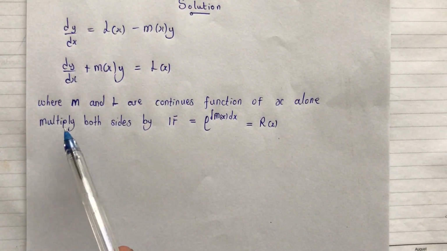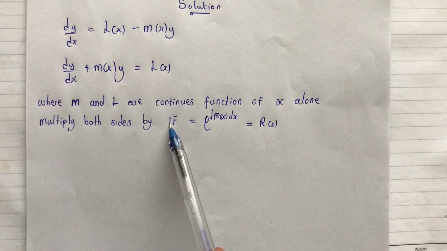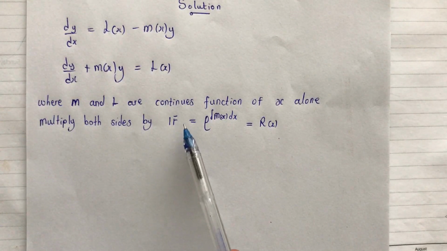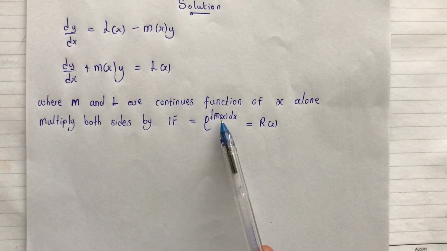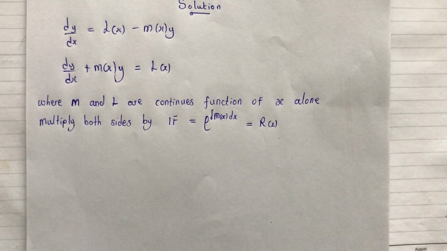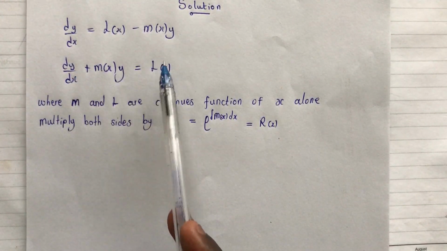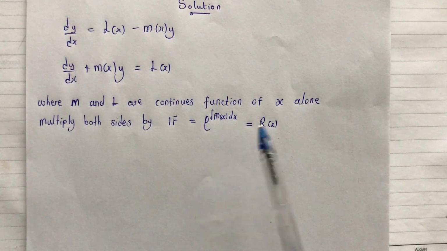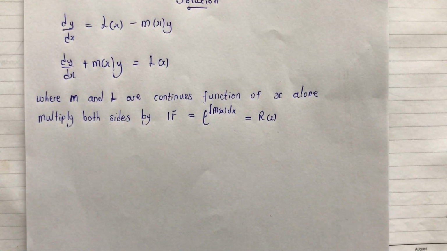So now we multiply both sides by the integrating factor. IF here means integrating factor, e to the integral of m of x dx, or r of x. So we are multiplying both sides of this equation by the integrating factor. So let's do that and see what we are getting.